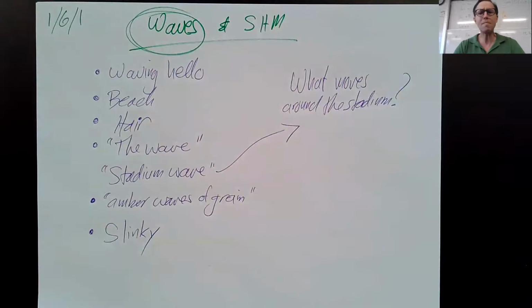Think about that. What moves around the stadium? Well, the wave moves around the stadium. But is there any matter that moves around the stadium? There's really no matter that moves around the stadium.